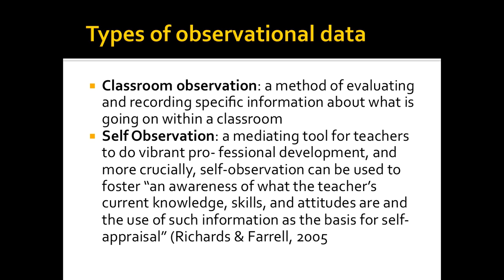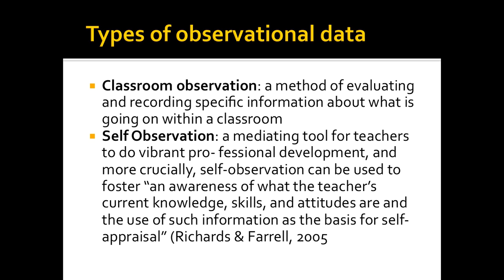Now, how many types of observation data are there? There are actually two types of observational data. The first one is classroom observation, which means that you are the outsider of the class that you observe.